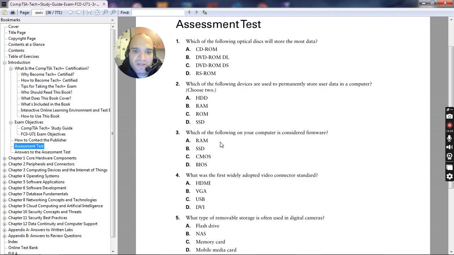Okay, let's see a question. Which of the following on your computer is considered firmware? A single answer. Okay, single answer: BIOS, basic input output system. Why?